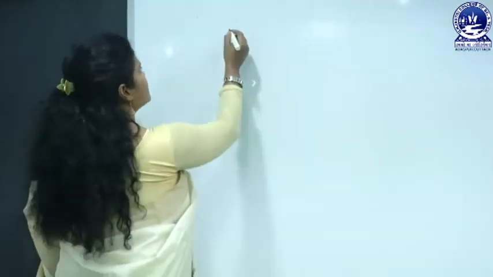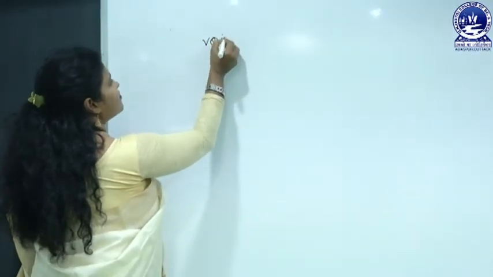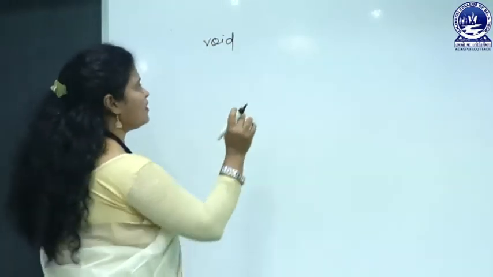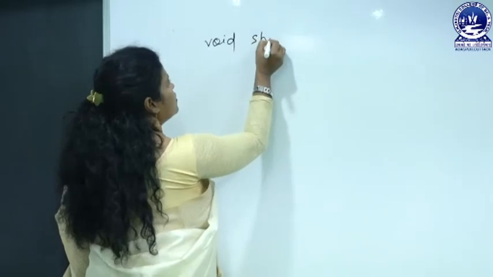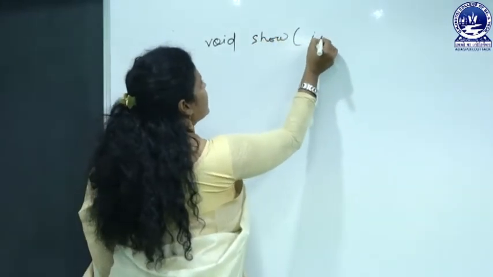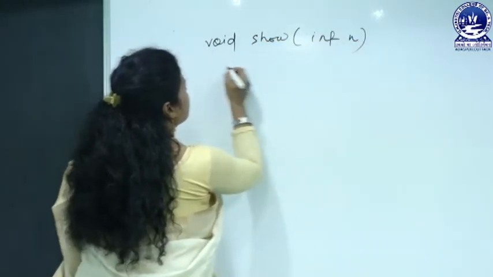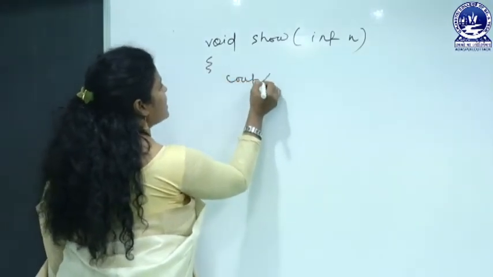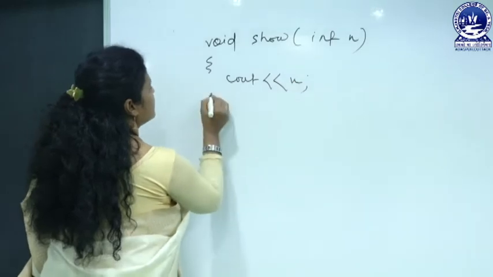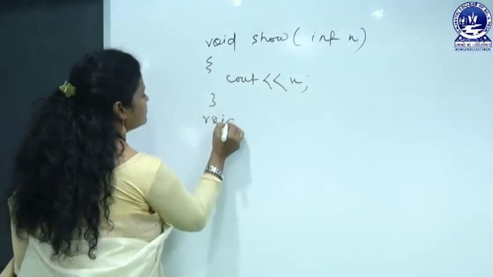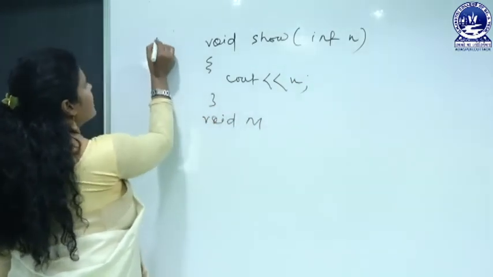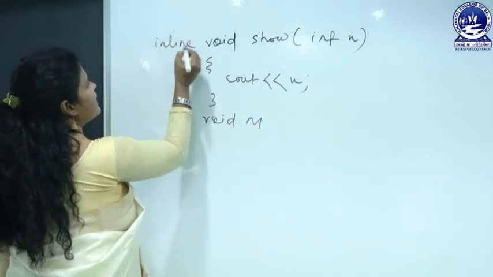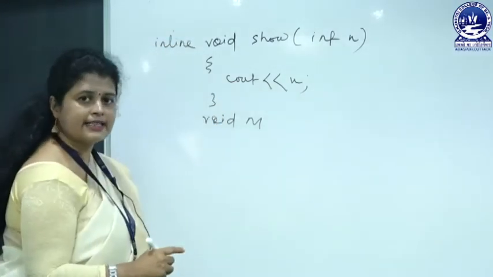Suppose the function is void show, a very simple function, with int x. Then inside void show I am writing cout x, then void main. Yes, I have to use the keyword inline to make the function inline.